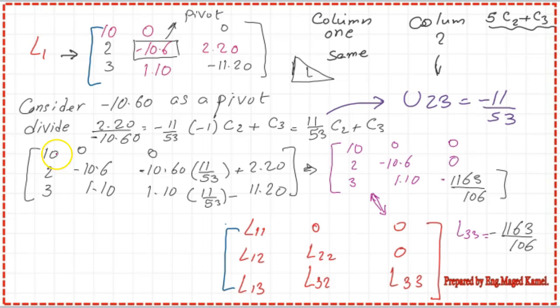First row is still the same, 10, 0, 0. The second row will change. It will become 2, minus 10.6, and minus 10.6 by 11 over 53 added to 2.2. For the third row, it is 3, 1.1, and 1.1 by 11 over 53 minus 11.2.